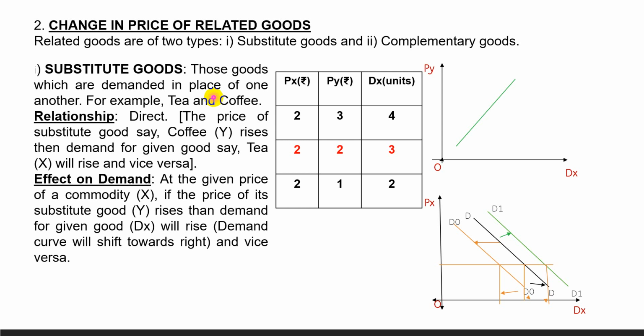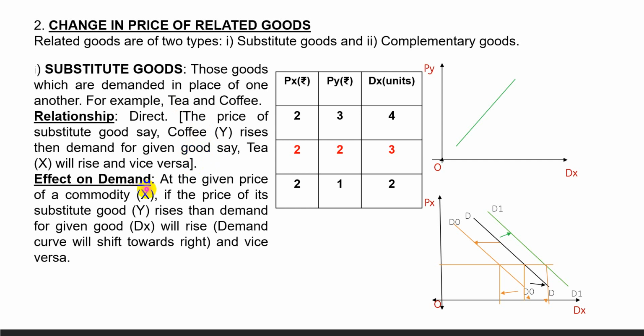For example, the demand for tea will increase with the rise in the price of coffee, and with the fall in the price of coffee, the demand for tea will decrease.